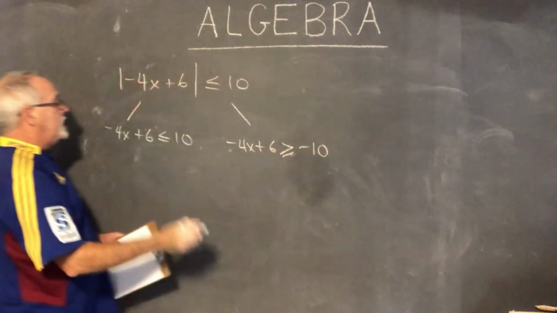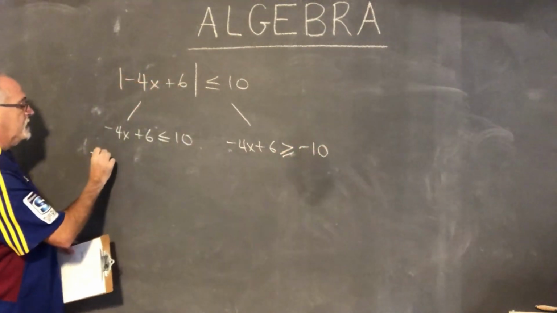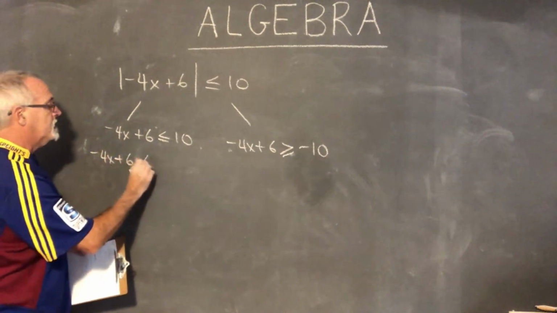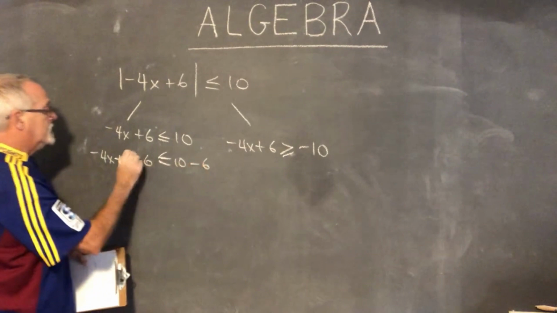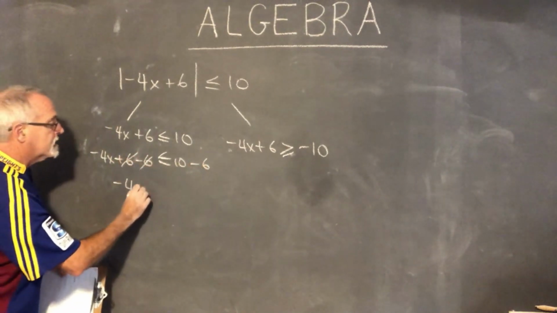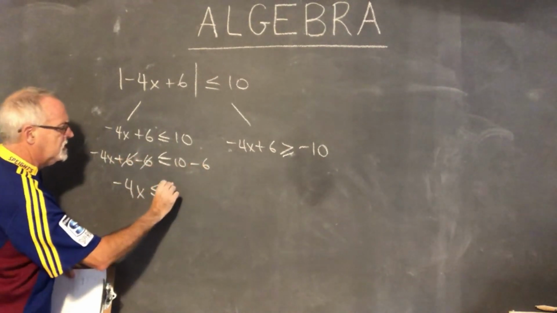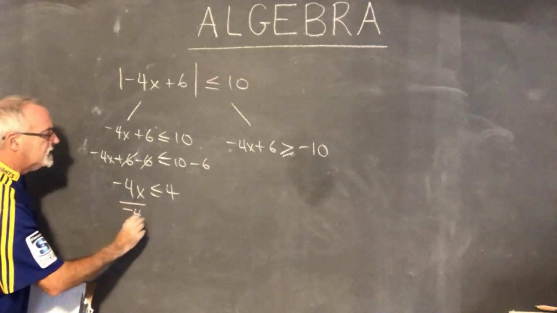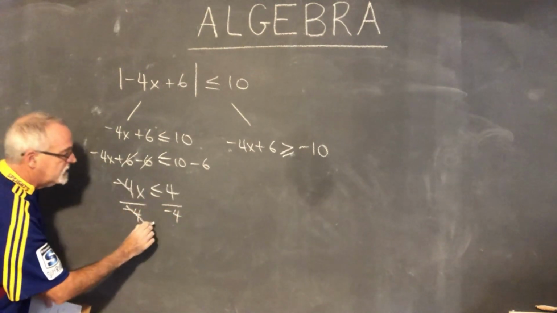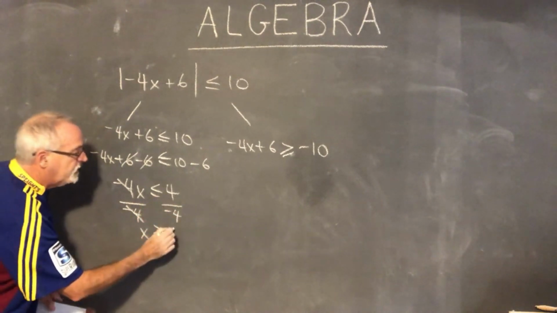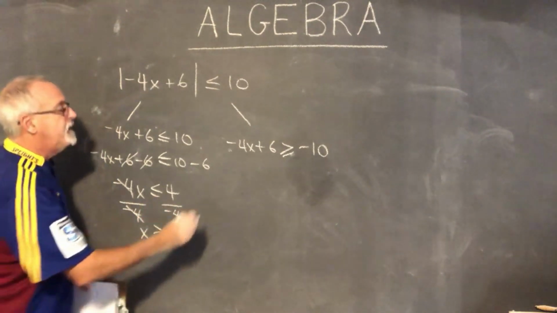Be careful. Okay, algebra. Negative 4x plus 6 minus 6 less than or equal to 10 minus 6. Cancel, cancel. Negative 4x less than or equal to 10 minus 6, which is 4. Dividing both sides by a negative number. Cancel, cancel. Symbol turns backwards. 4 divided by negative 4 is negative 1.